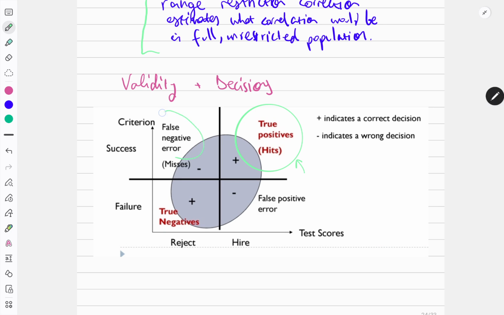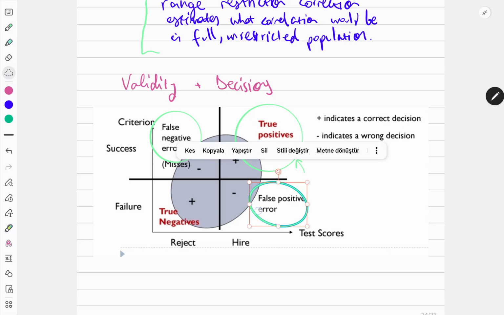These are the people that we do not want to hire because they did not do well on the test, and actually they did not do well on the test because they're not going to be good employees for us. And there is this group which is very unlucky because, wait, this is not a nice circle. I don't like this circle.